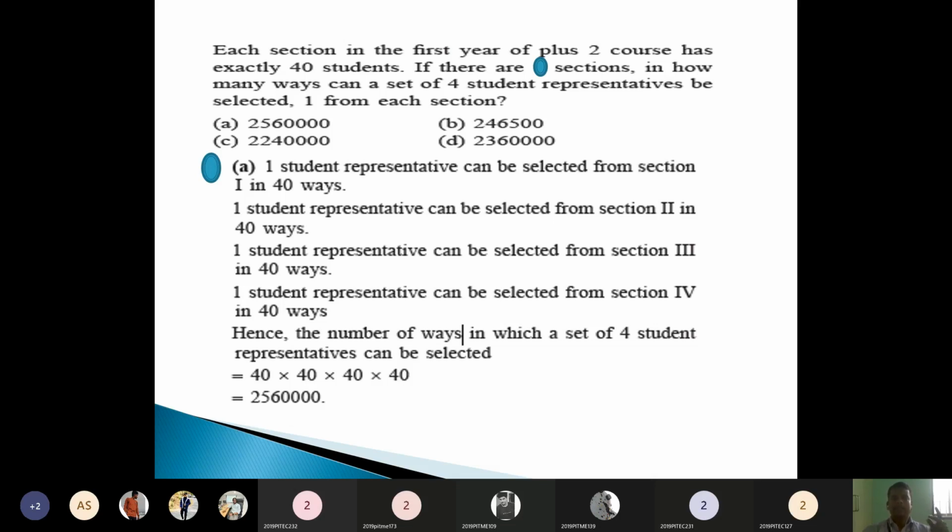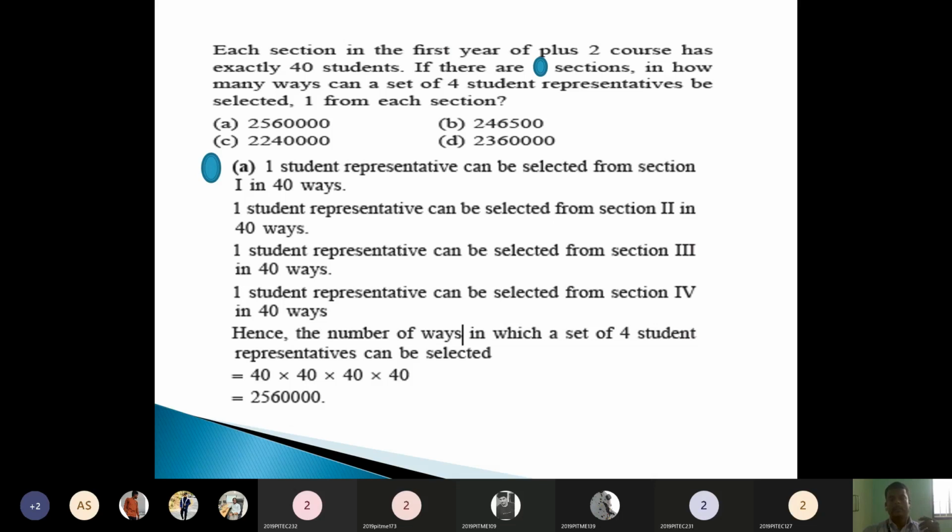Next, in section 2, we have 40 students, so there are also 40 different ways to select 1 person. Next, in the third section, total students 40, so one student representative can be selected in 40 ways. Similarly, in the fourth class, total number of students 40, so one student representative can be selected in 40 ways.